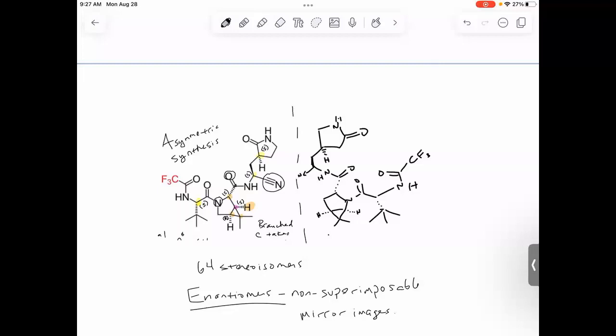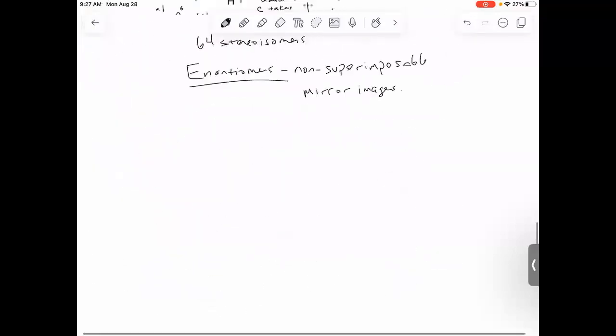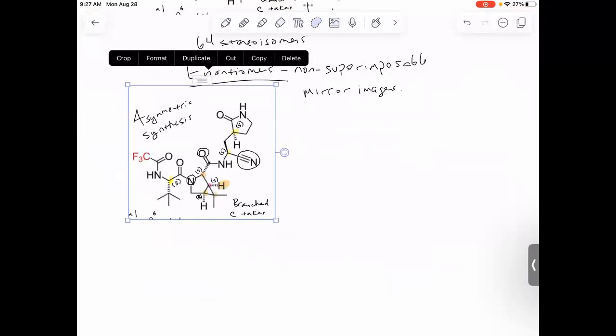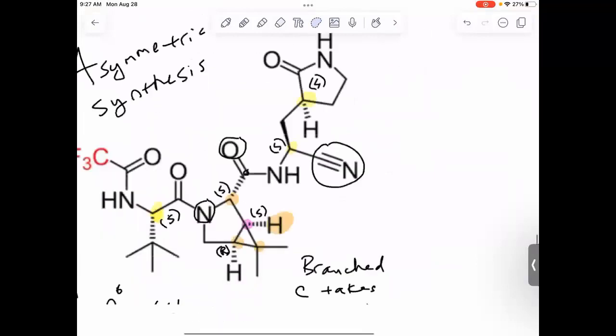Even though I have it drawn like this, this is one way to draw it. The other way to draw it, I'm going to cheat right quick and paste this down here. What the enantiomer of this would actually look like is this. So this right here will be wedged.